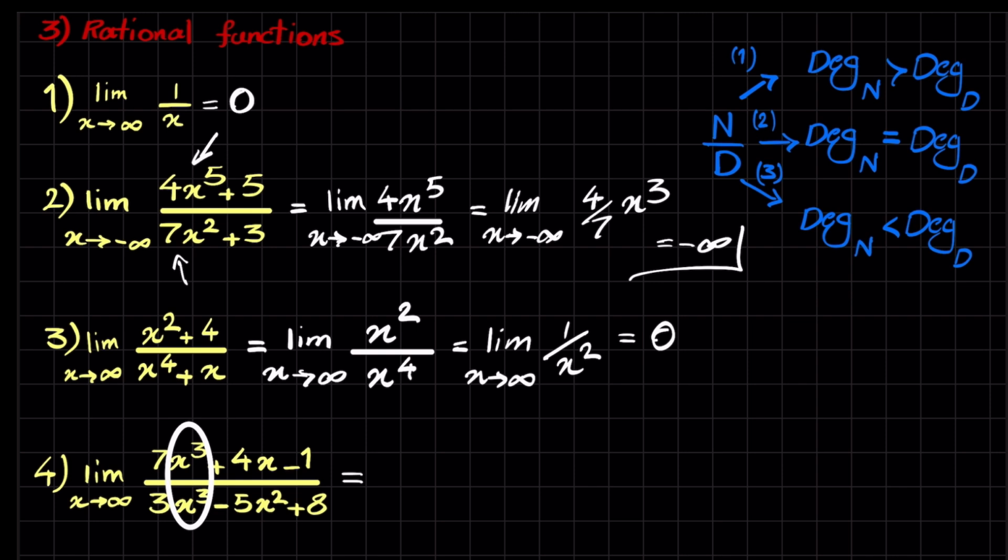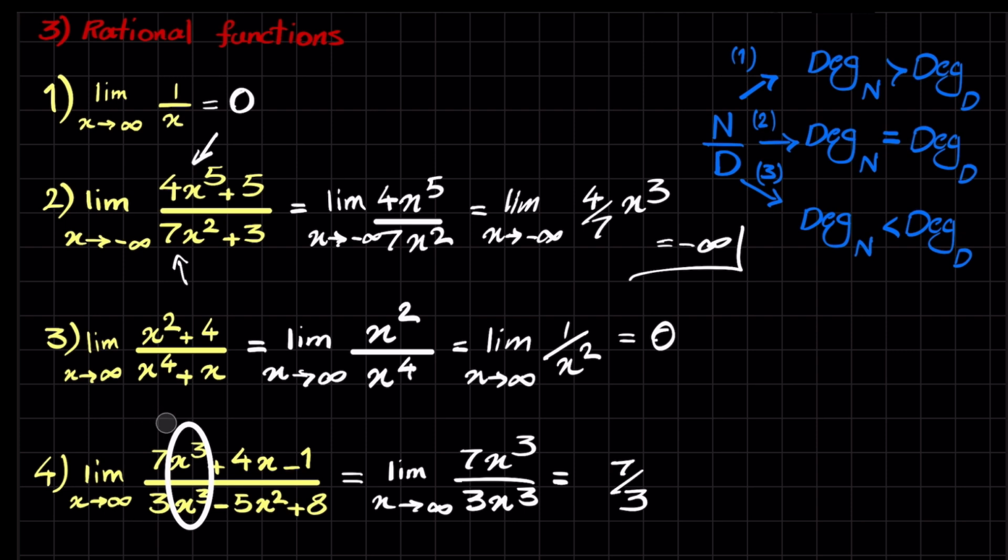So what happens is we write down the limits right here for the significant parts, and it's going to be 7x cubed over 3x cubed. And that makes the value of the limit 7/3.